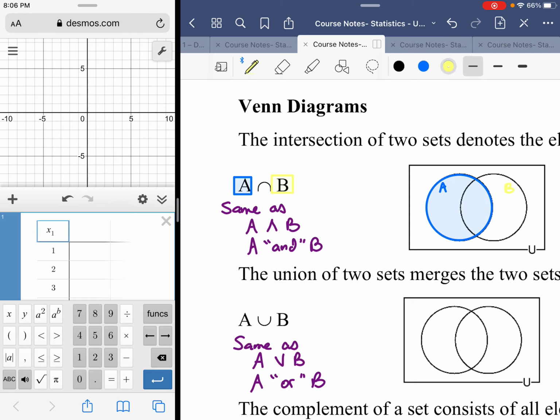And what I mean by inside of A, I'm talking about inside of that circle, the circle associated with A. Everything inside the circle associated with B is going to be the set of B, or set B.